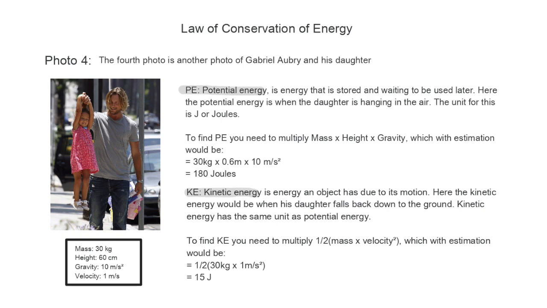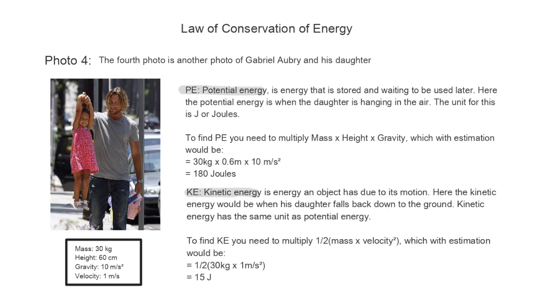To find PE, you need to multiply mass times height times gravity, which with estimation would be 30 kilograms times 0.6 meters times 10 meters per second squared, which would result in 180 joules.